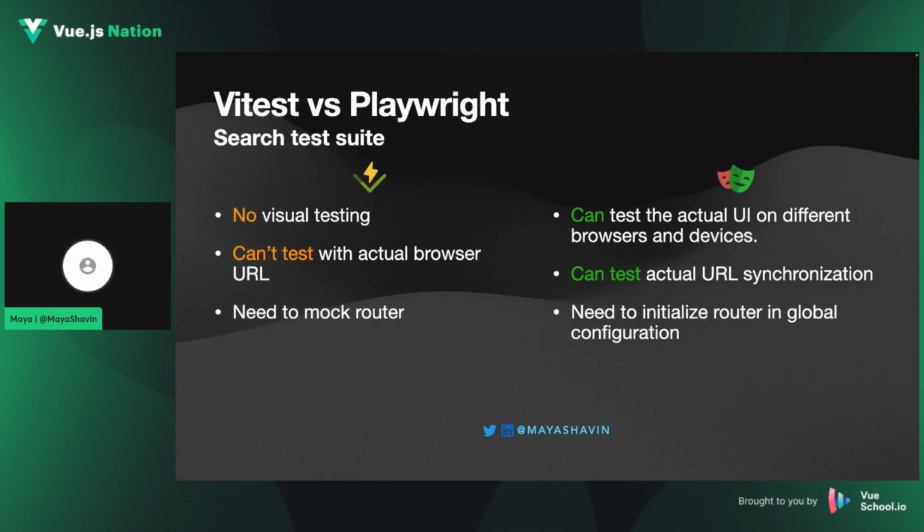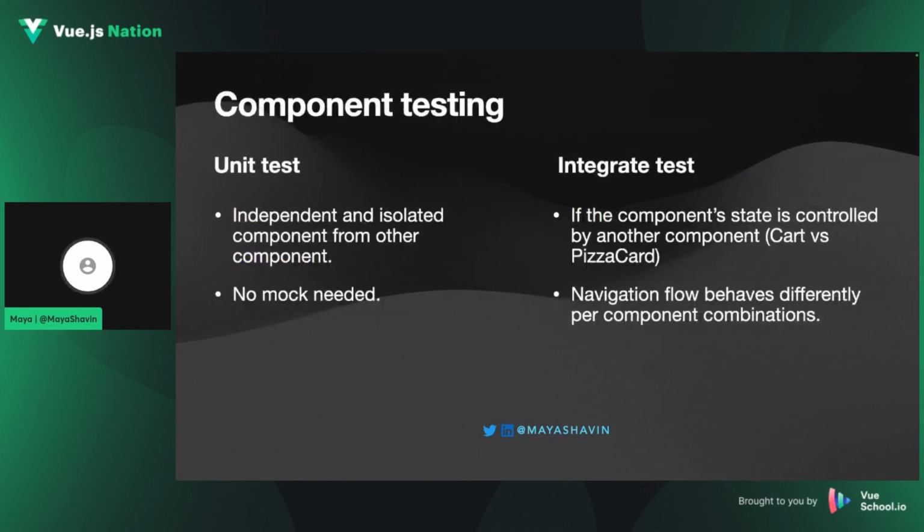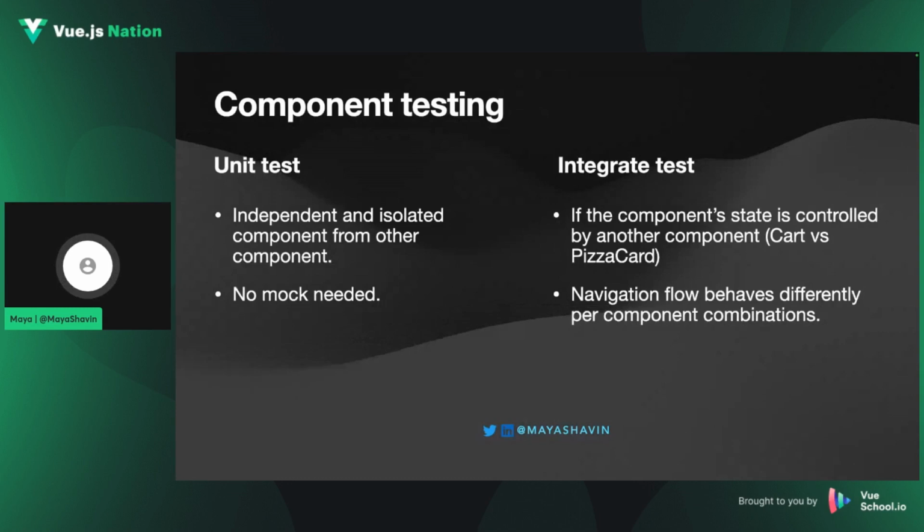Okay. So to summarize, for component testing, for unit test and integration test, when are we going to use integration test? Whether the cart or the search component is suitable for unit test or integration test. Let's put it this way. We saw that the cart really depends on another component, like the piece of cart.